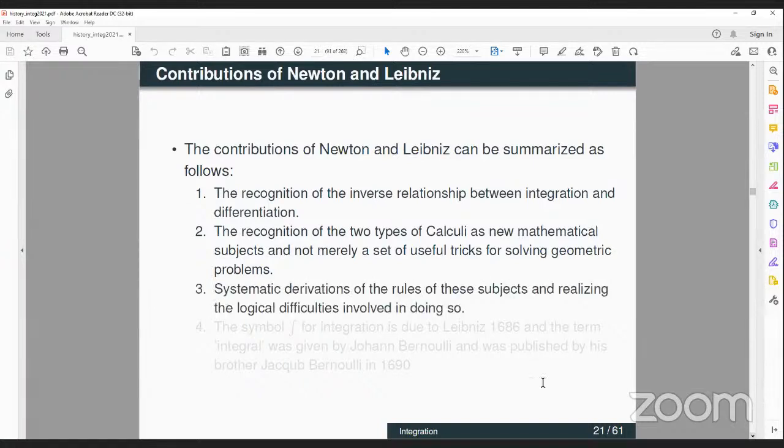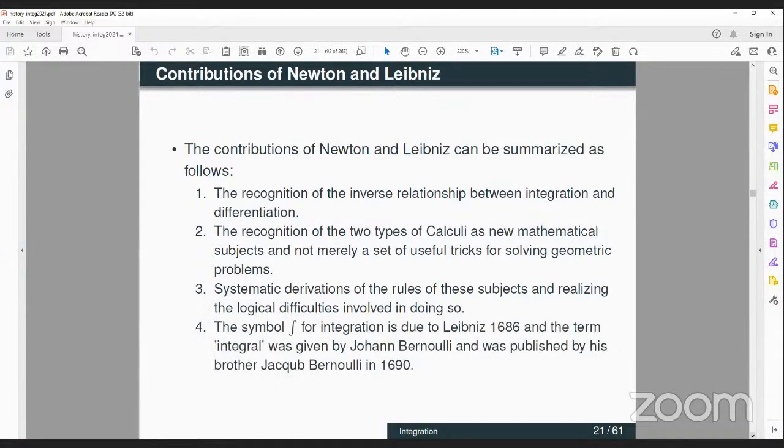These are different mathematical subjects to be studied and analyzed. They tried a systematic derivation of the rules of these subjects, and they realized there are logical difficulties in both of them.